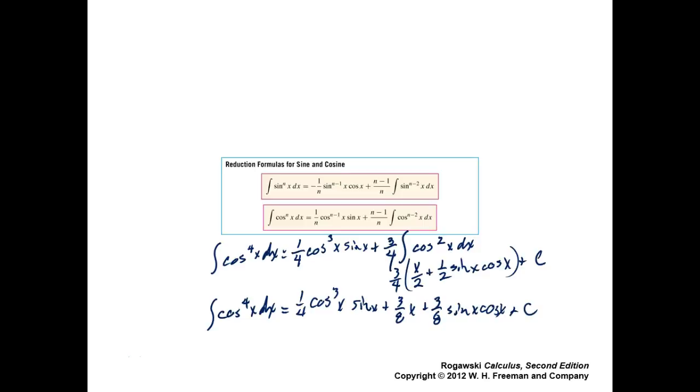Let me go back and make sure I got all the pieces right. 1/4 cosine cubed sine, 3/8 x, 3/8 sine x cosine x. Yeah, got it.